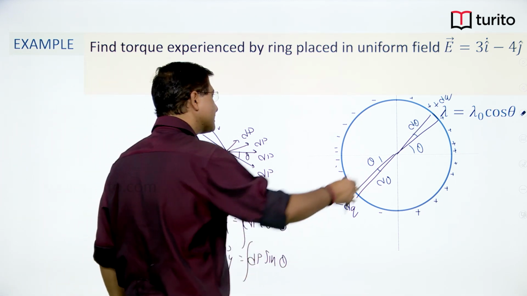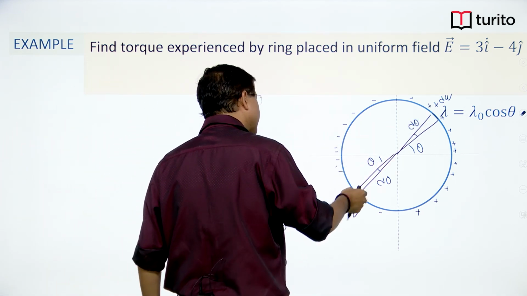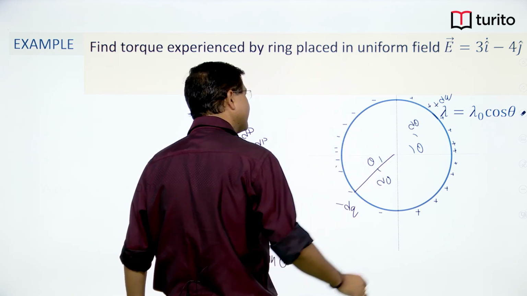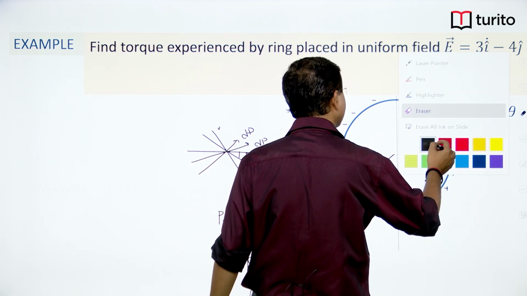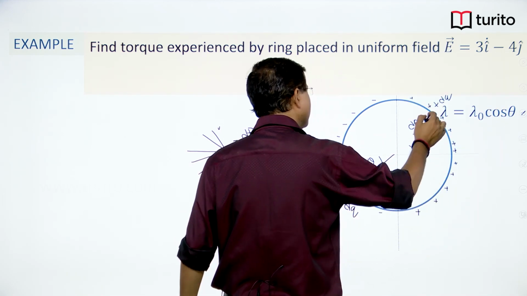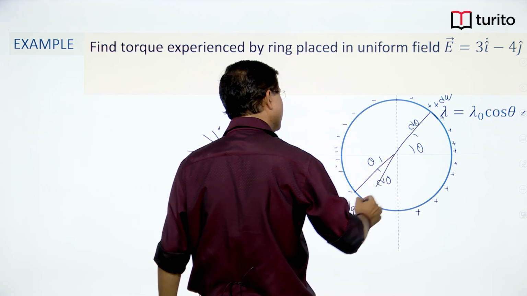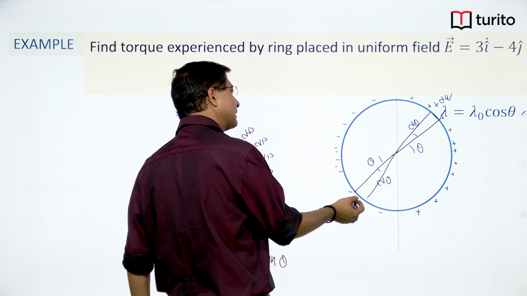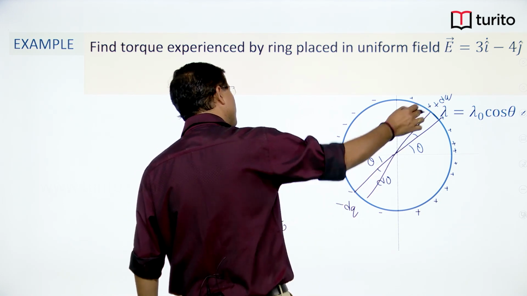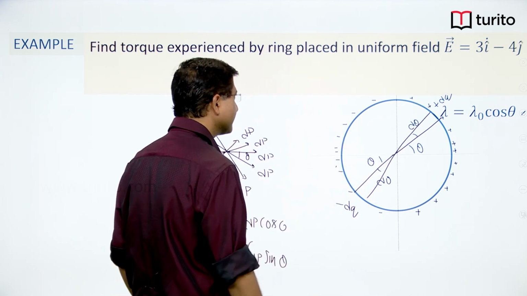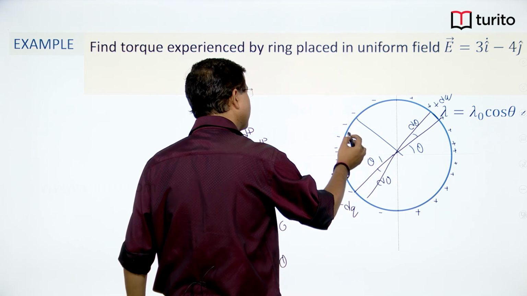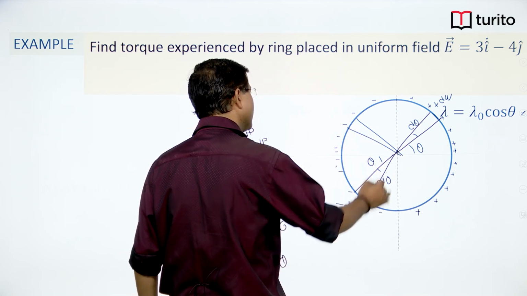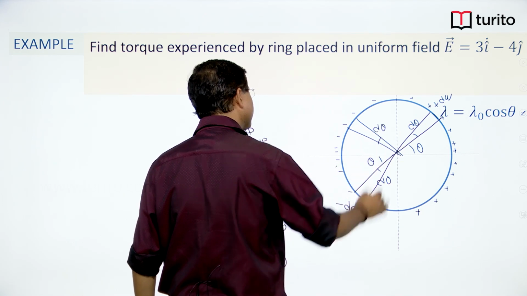Instead of combining this negative charge with this positive charge, I can take a charge somewhere here. What I am saying is, instead of taking this minus dq with this positive dq, I can take somewhere here where this is subtending angle d theta.